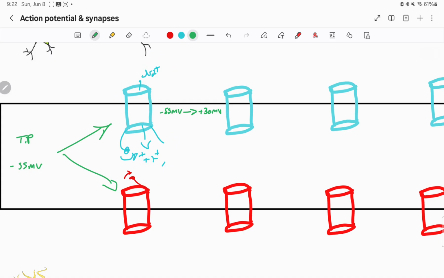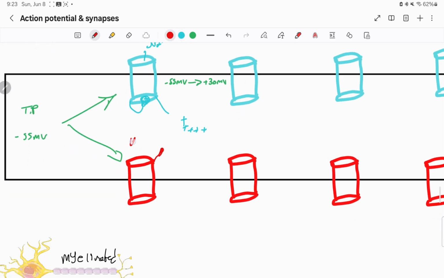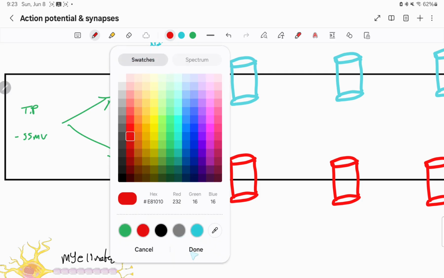Then at positive 30, this gate finally closes. The sodium influx stops. These positive charges are currently still here, by the way. And this gate fully opens now. If this gate fully opens, potassium will start going out, making the inside of the cell negative, repolarizing, hyperpolarizing.